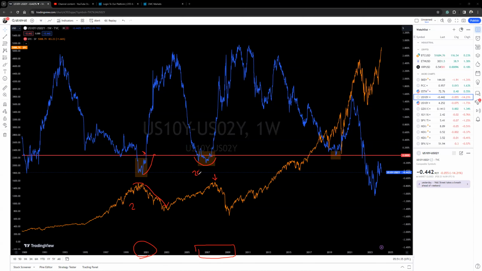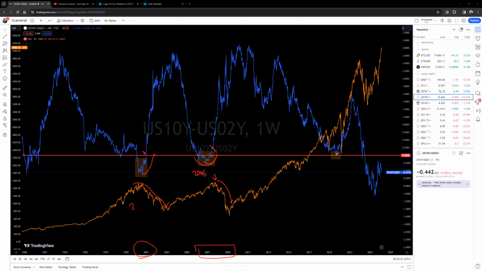So for 2 years, the yield curve was negative. When the yield curve was negative, the market didn't go to recession directly. It formed a bottom here, then reversed to the upside. When it goes to positive territory, even just above, the market starts rolling over to the downside. This is the great recession.